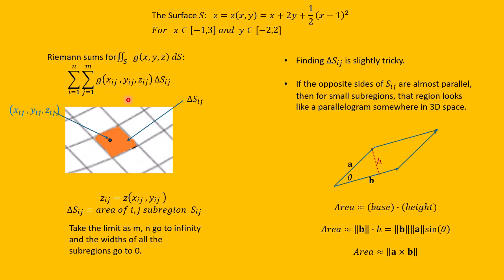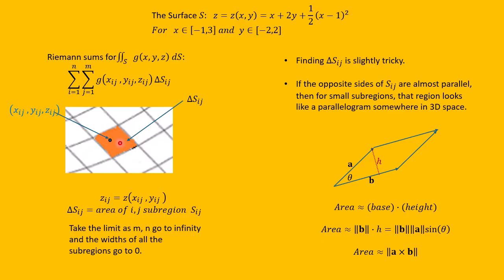But to evaluate this, we need to be able to calculate, or at least accurately approximate, the area of this little region. This is a region on a surface which might not be flat. But if these dimensions are small enough, then this region will appear kind of flat, and what we would have here is approximately a parallelogram.